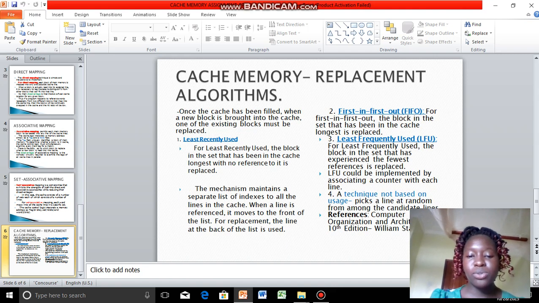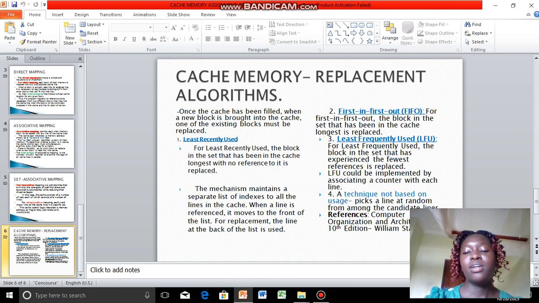The mechanism used maintains a separate list of indexes to all the lines in the cache, and when a line is referenced, it moves to the front of the list. For replacement, the line at the back of the list is used. So therefore, when a new block or word is brought into the cache, the mechanism used refers to the back of the list, and that is the space that is used.